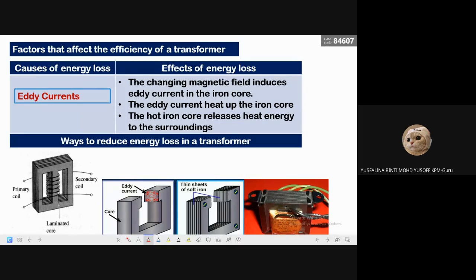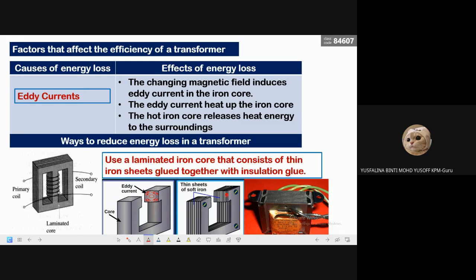So we make it as thin sheets of soft iron, thinly laminated, to reduce the eddy current. For this one, it is quite thin, so the eddy current formed is not that much. If you use one solid block like that versus the laminated one, use the laminated.